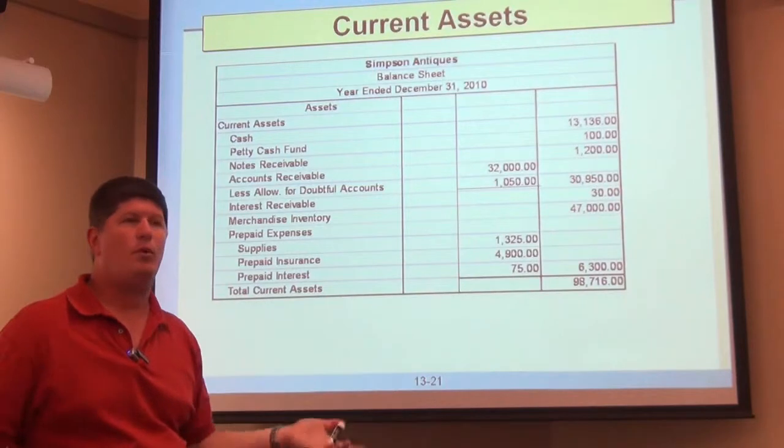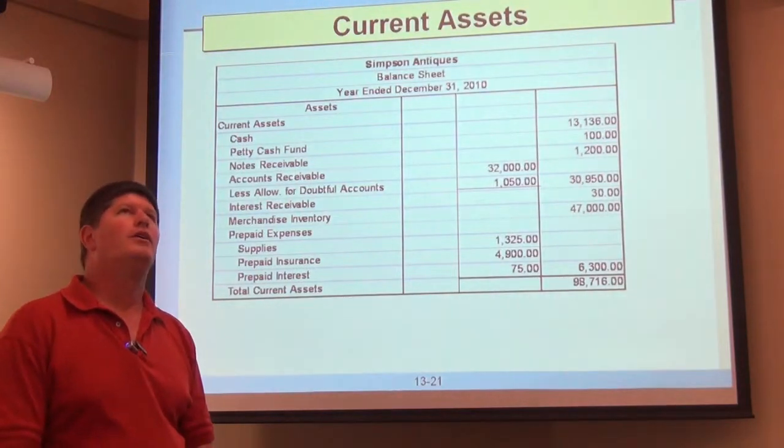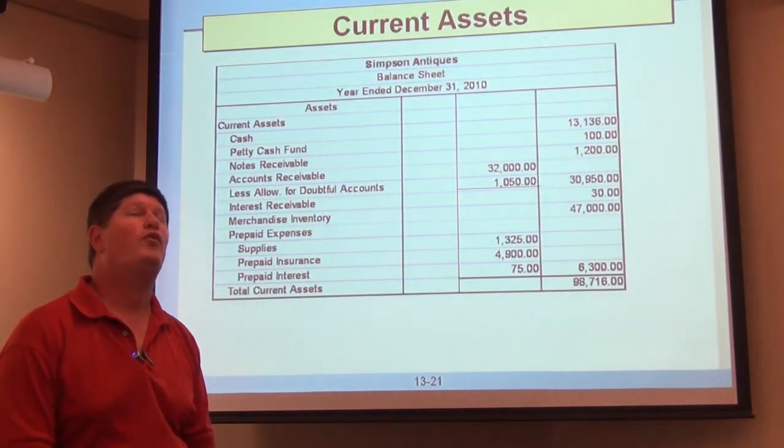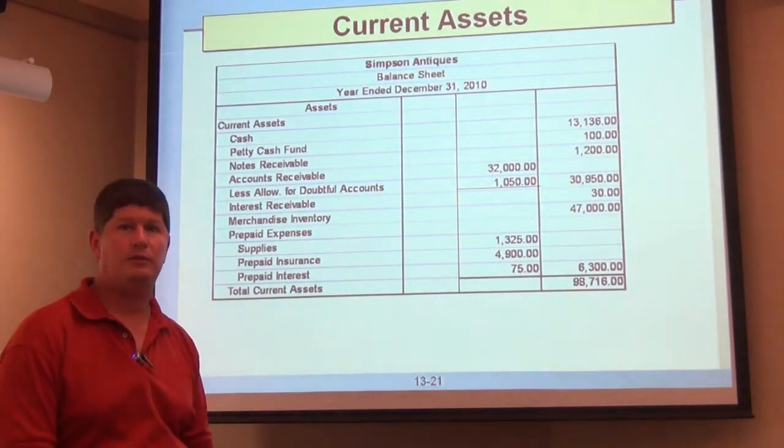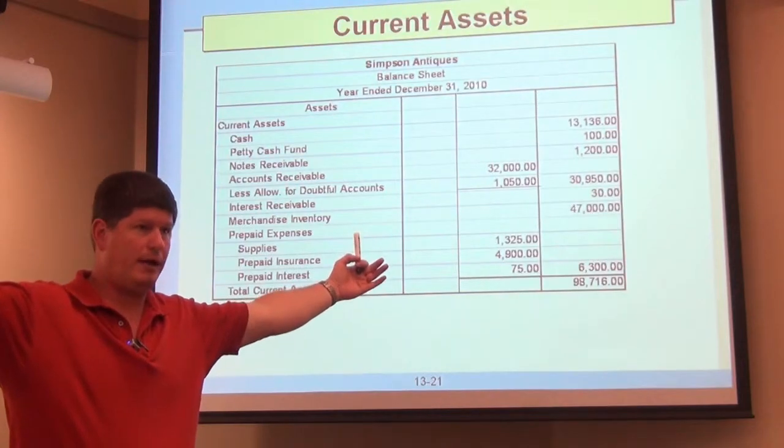Anybody want to take a stab at what current is? Current assets. Remember, we're focusing on the accounting cycle in this class. So the accounting cycle typically is like a year long, right?